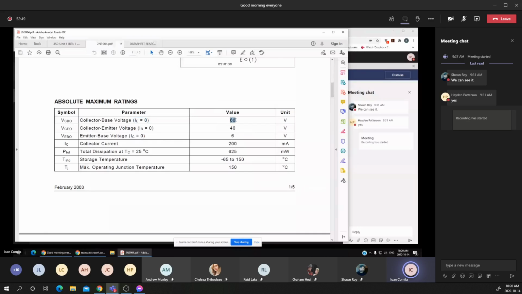That's the maximum value for the collector base. I said that the IC is given as a typical value of 200 milliamps. The P total, that's the maximum power dissipation. That's one of the important parameters that we are looking for, and that's 625, in milliwatts.